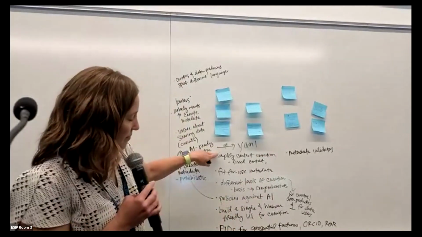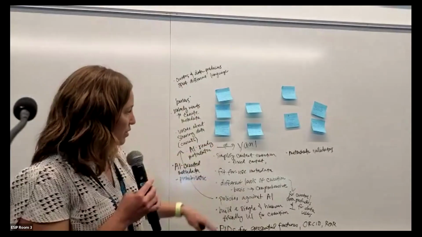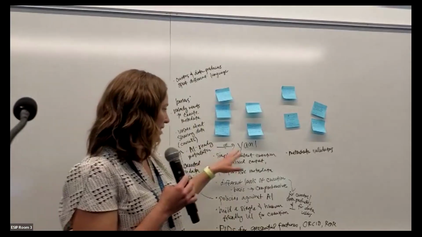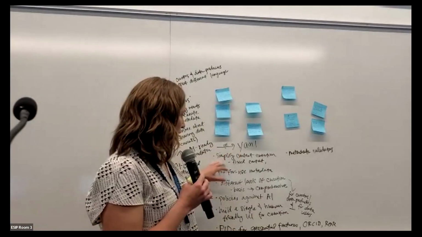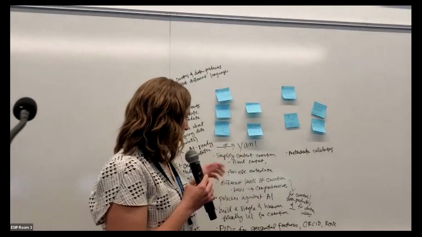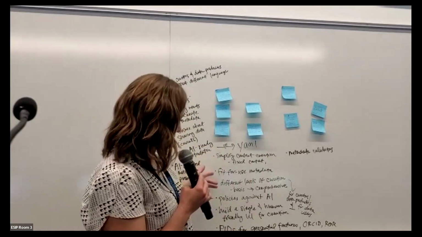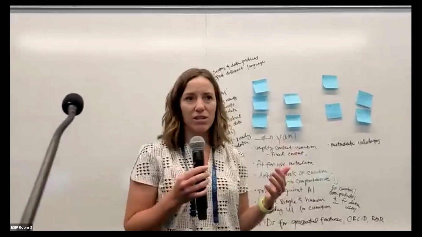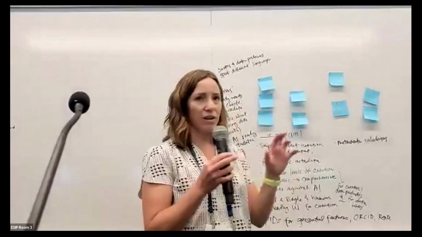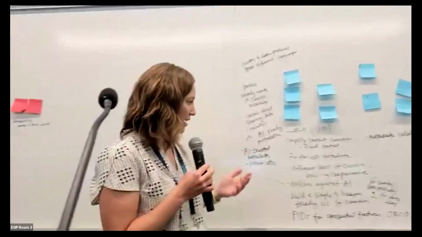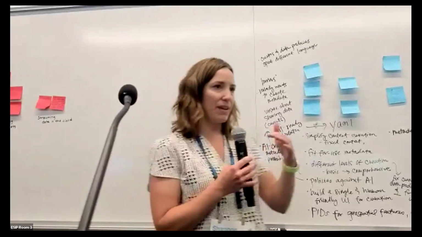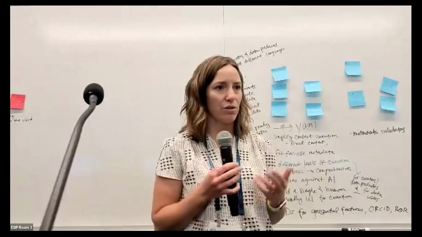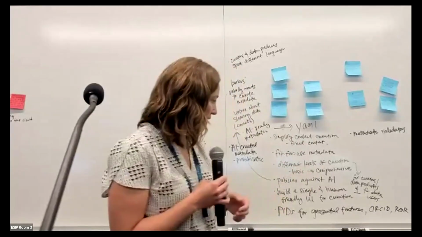I think in our solution space, we talked about templates like YAML, really trying to simplify the content curation. We talked about different levels of curation, starting with a simplified set of metadata, but giving some flexibility to curate more or more detailed metadata.